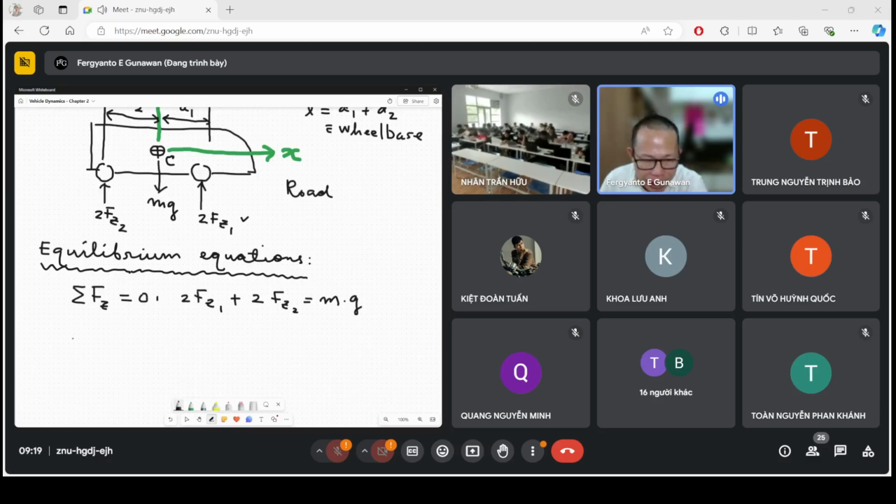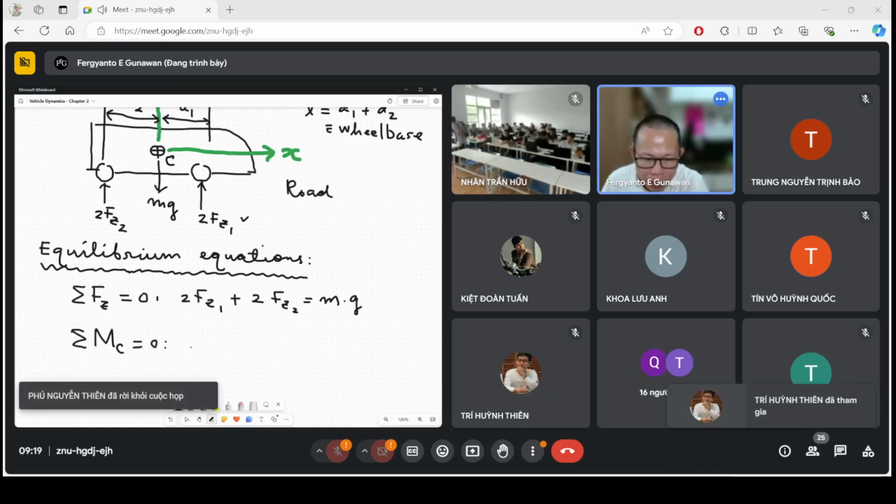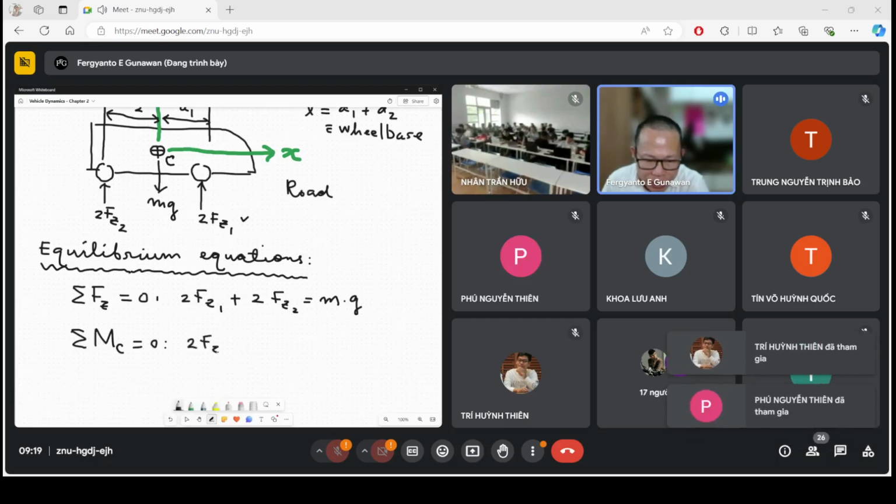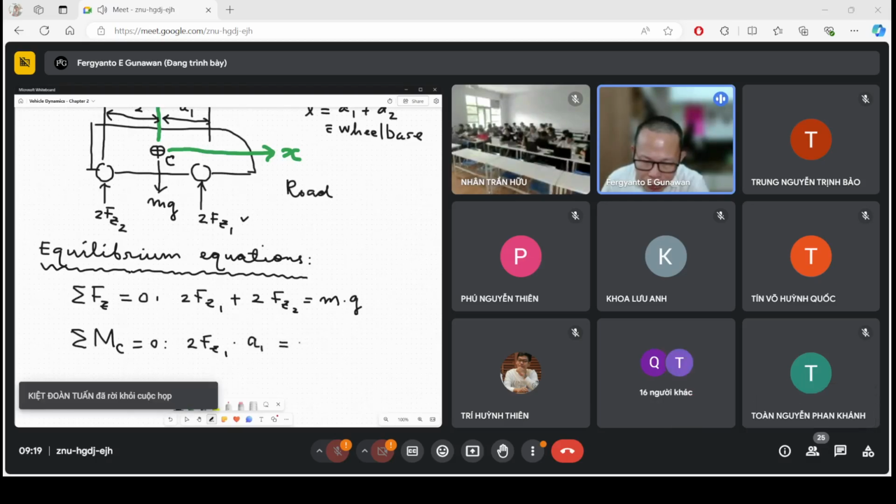And the second equilibrium equation is that the moment at C equals 0, right? C is this point up here. So we obtain from here that 2 Fz1 multiplied by a1 should be equal to 2 Fz2 times a2, right?